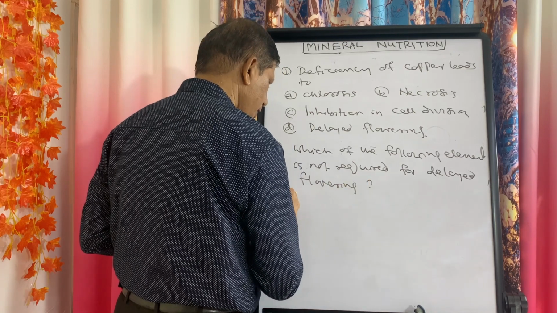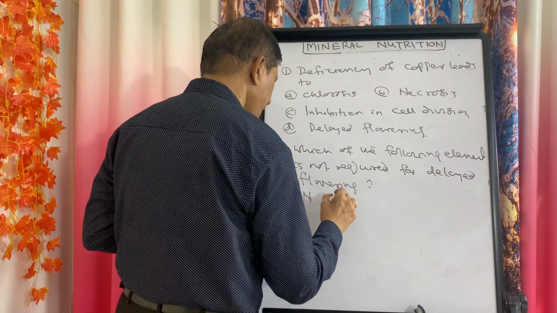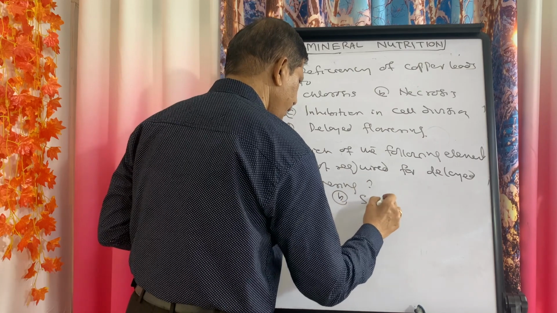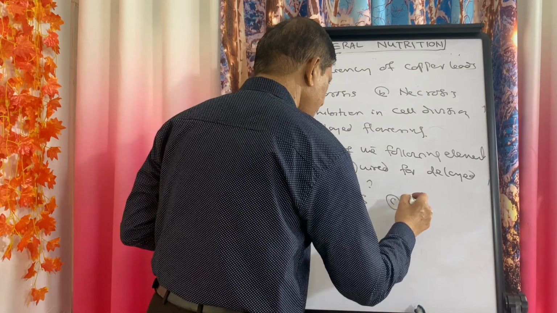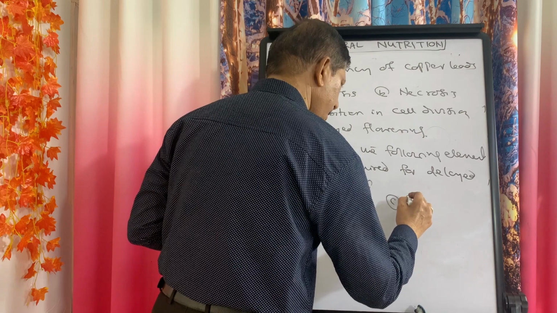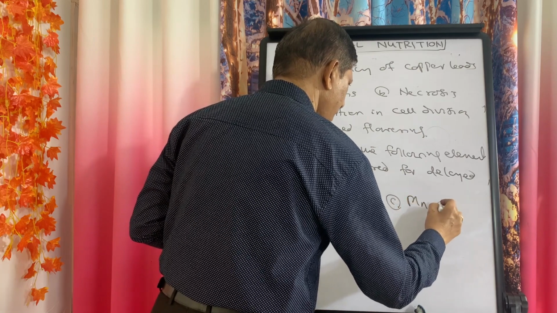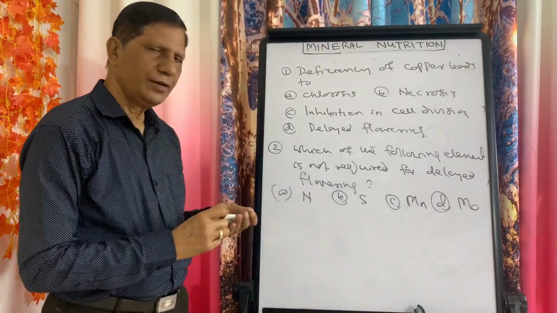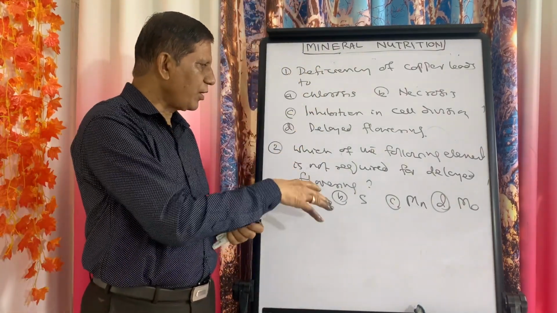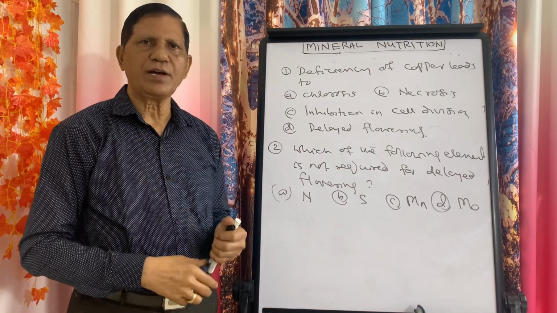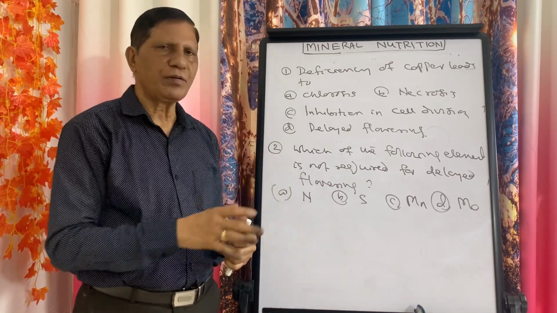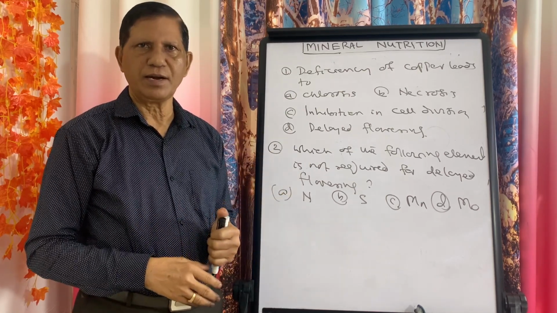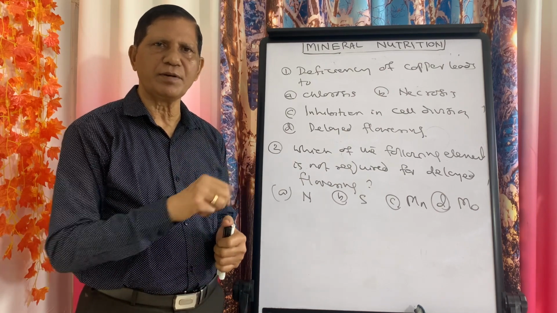A, nitrogen; B, sulfur; C, manganese; and D, molybdenum. To answer all these questions, in the very beginning I also told you that in this chapter you have to remember a lot of things, and every year some questions come from this chapter.